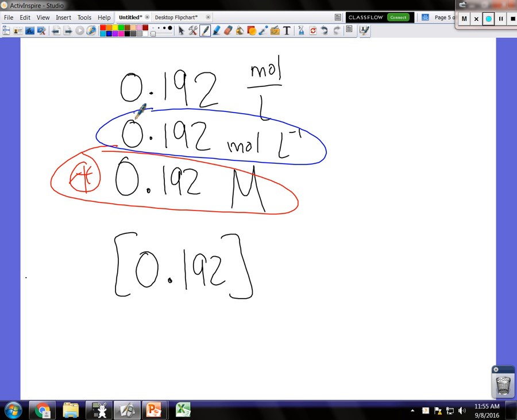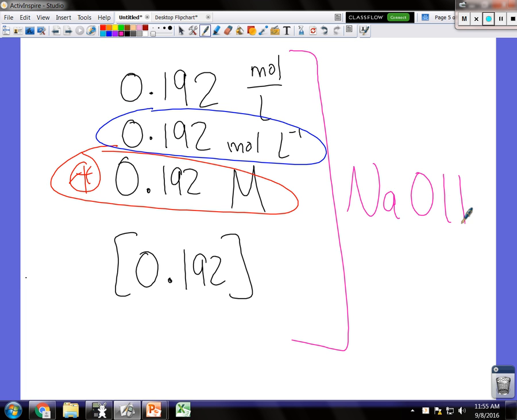Now, there is one thing that I would want to add to all of these at the very end to make it even more accurate. What would we want to add to all 4 of these versions? Very good. NaOH. So the 3 things we must always have: correct significant figures, the unit, and the formula if possible. So no matter what, the NaOH has to be on all 4 of them.